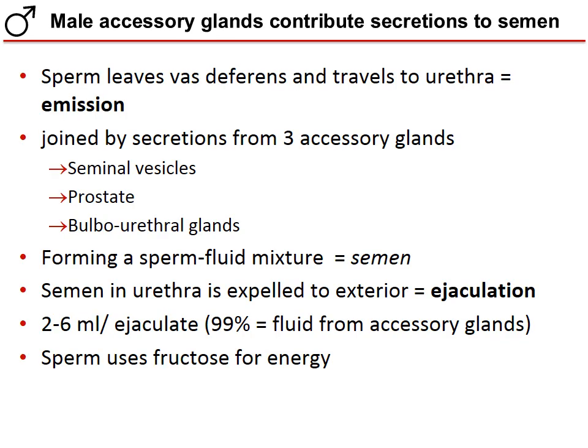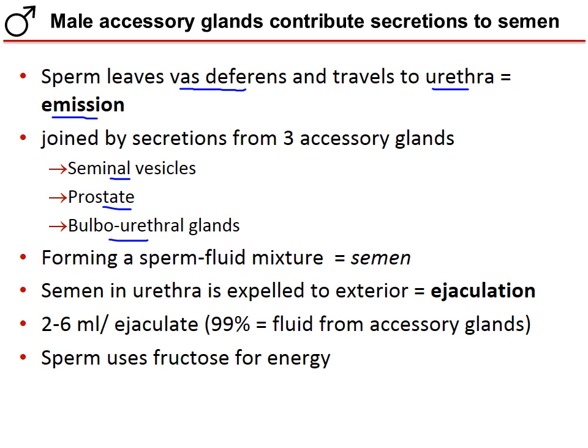After the production and development process of sperm, the sperm leaves via the epididymis, which then becomes the vas deferens, and then travels to the urethra. This process is called emission. Once it reaches the urethra, sperm is joined by various secretions from the male accessory glands. These secretions come from the seminal vesicles, the prostate, and the bulbourethral glands.